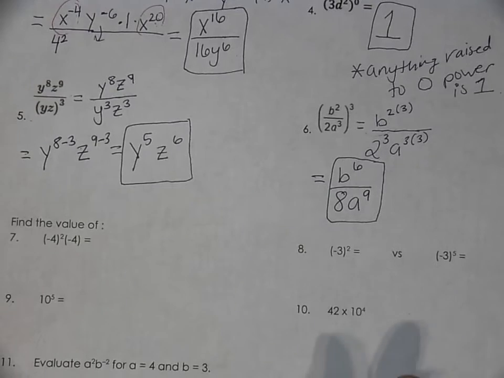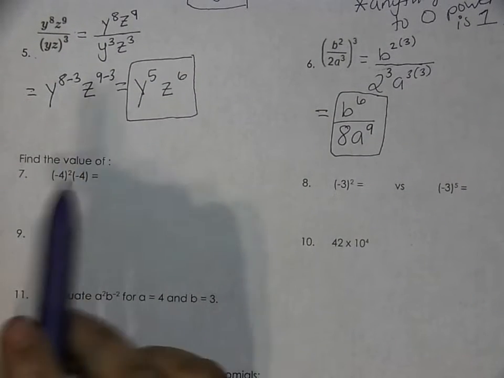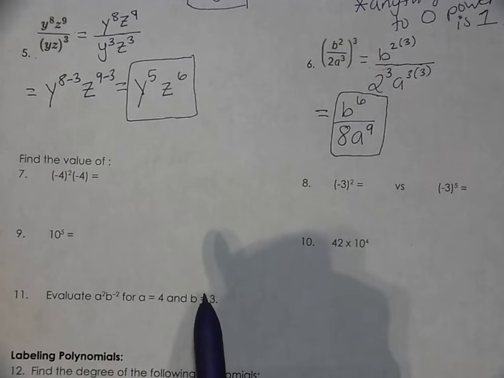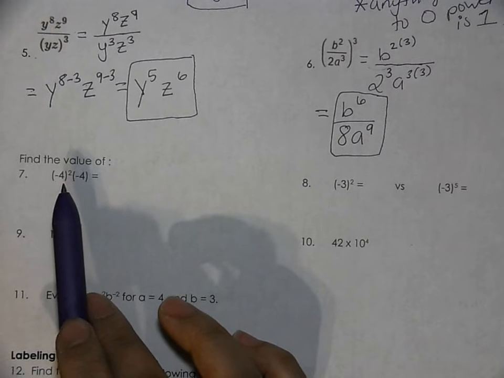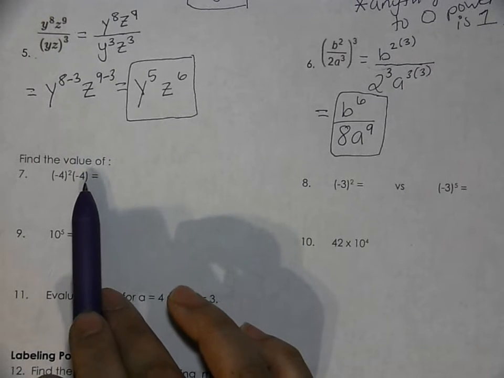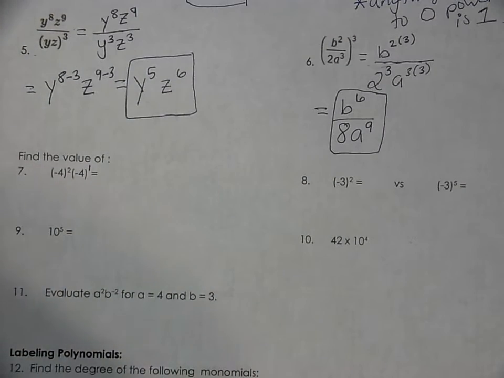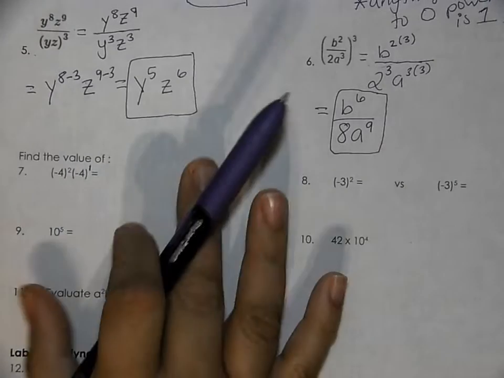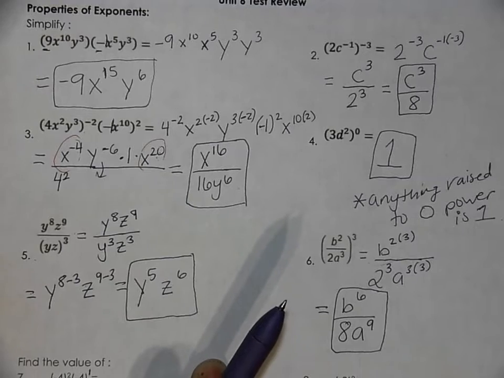All right, so now moving on, we're still using the same rules of exponents, but now kind of just comparing some different answers because these will make a difference in your answer, of course. The first one, number 7, to find the value of -4 squared times -4, you can put a little 1 here because there's no exponent there, but this is just using the first rule, which is what we did at the first problem as well, where you combine how many x's you had there.